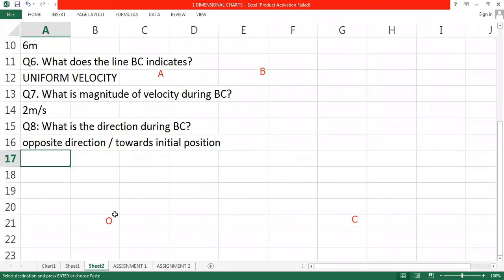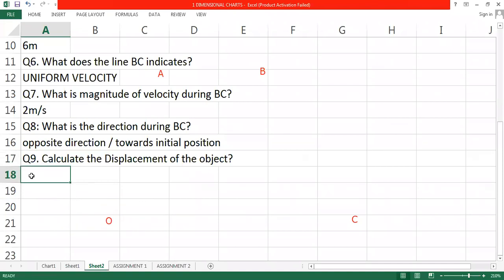Now the next thing, all of you write down the answer. Calculate the displacement of the object. Come on, rest of you, only 3 of them have answered.